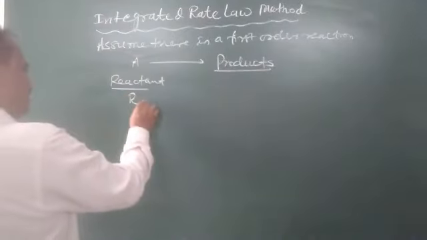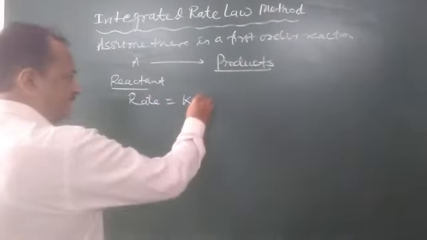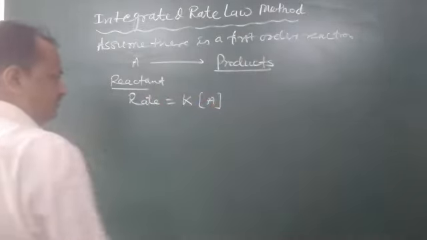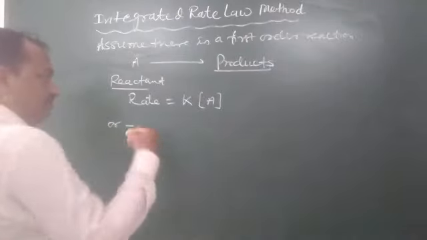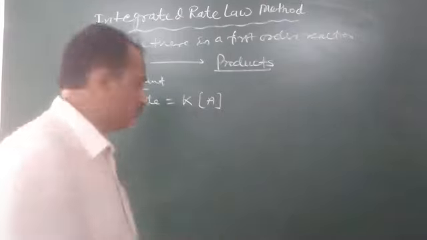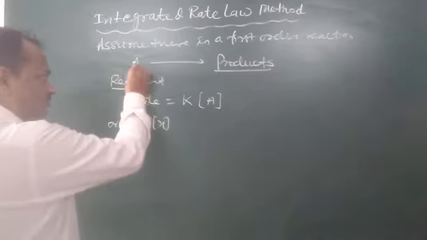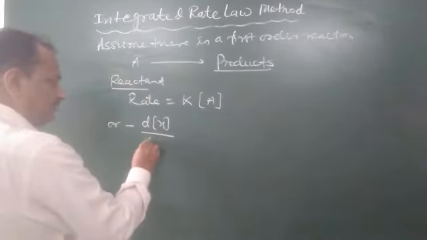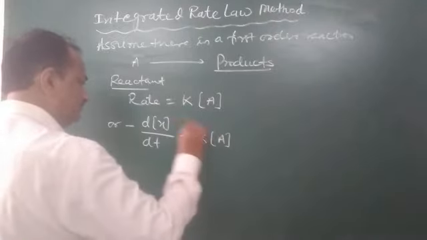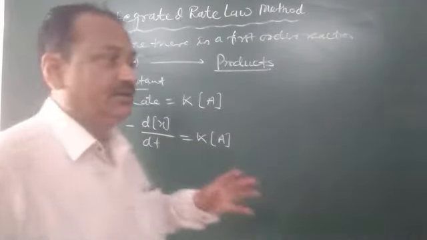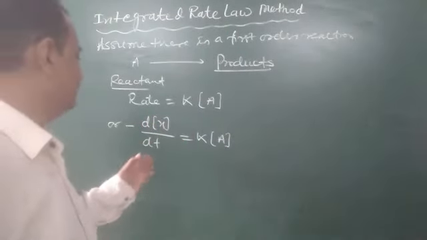So rate of reaction is equal to what? Rate constant and concentration of the species. And rate is equal to, A will decrease, so it will be minus dx upon dt is equal to k A, where x is the concentration of A. This is the starting point of the integrated rate law method.